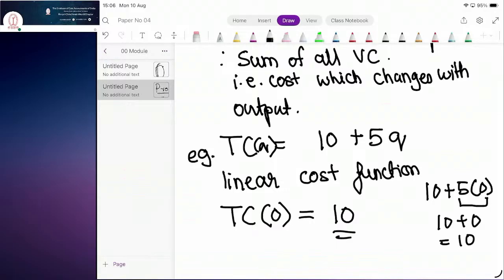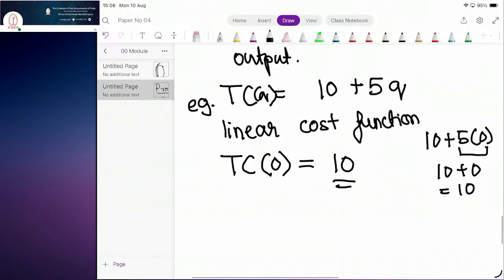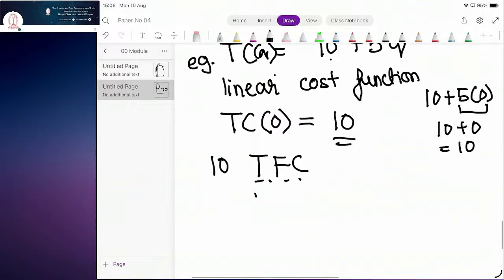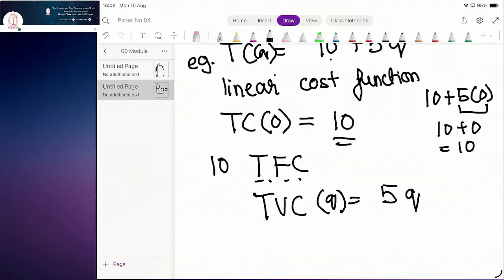Did you get this? Okay, just remember a simple trick. This 10 is your total fixed cost which doesn't change with the volume of output. Your TFC will be 10, and TVC here is 5Q. TVC will be 5Q.